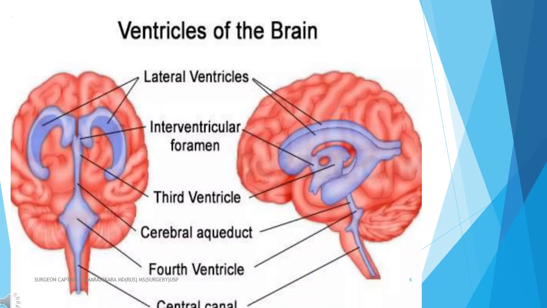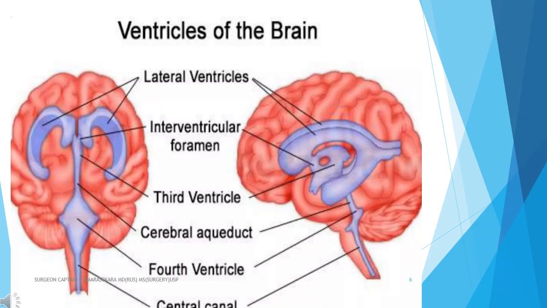Ventricular connections and clinical insight. Now that we have identified the four ventricles, let's trace the pathways of cerebrospinal fluid through this system using the labeled diagram as our guide. CSF is produced primarily in the choroid plexus of the lateral ventricles.